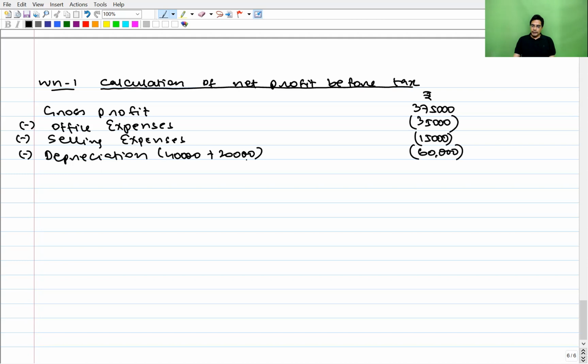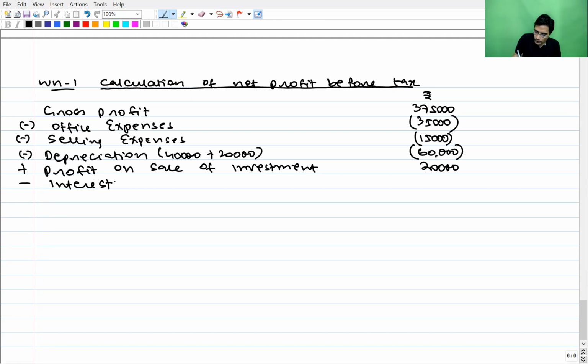So we have got this information. Then there is some profit on sale of investment, profit on sale of investment of 20,000. Then there is interest paid on loan, 5,000.